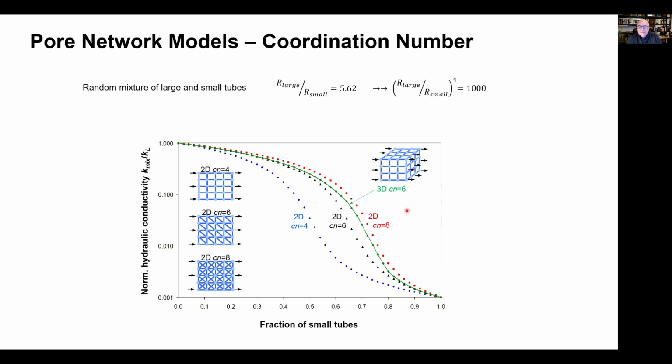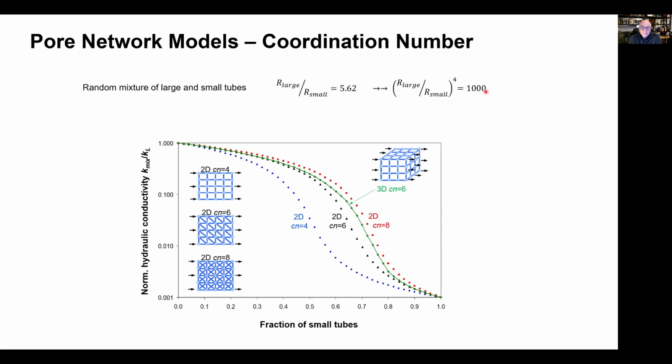But if this is a mixture of tubes, these are tubes of two different diameters. There are large tubes, which are 5.62 times larger than the small radius. And the reason why we use that is because now that gives us a ratio to the fourth. The ratio of the radii to the fourth is 1,000.